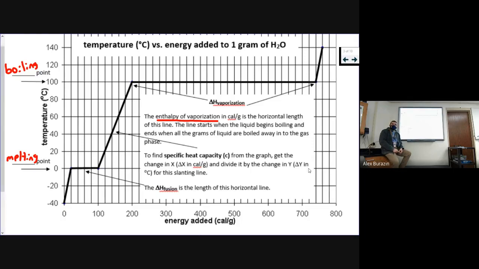Both are used, and we'll calculate both later today. So this, how much energy does it take to melt or freeze that stuff? This, how much energy does it take to boil or condense that stuff? If we are melting or boiling, we're adding energy. If we are condensing or freezing, we're removing that energy. Am I making sense?